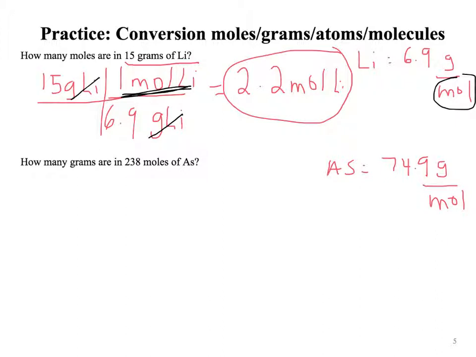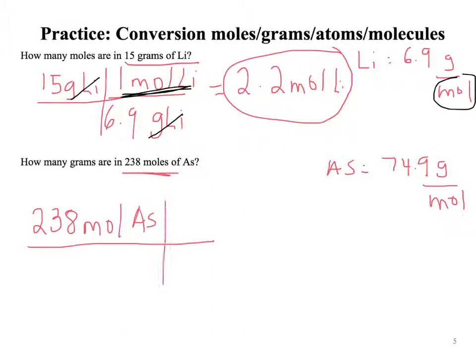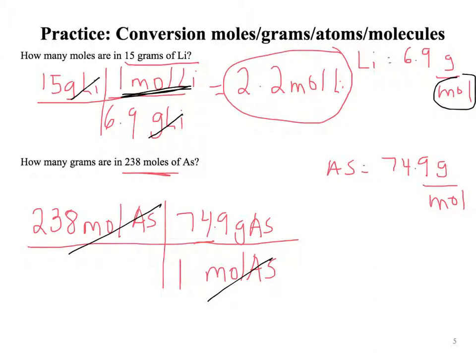You're going to start with what they give you, which is 238 moles of arsenic. I want to get rid of moles, so I'm going to put it on the bottom. And I know that for every 1 mole, there is 74.9 grams of arsenic. So what happens here is the moles cancel out and I'm left with grams of arsenic, and that's what I wanted.